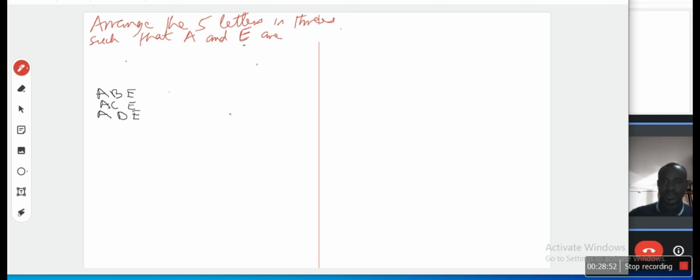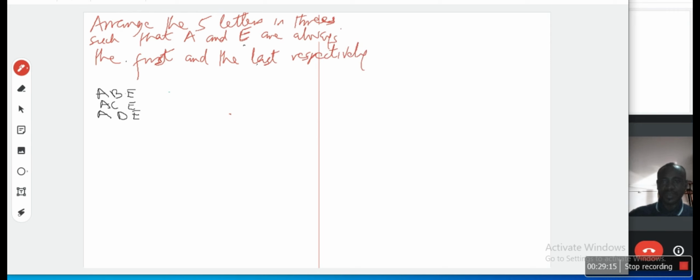Arrange the 5 letters in threes, such that A and E are always the first and the last, respectively. Can I make it 7 so that we can get more?